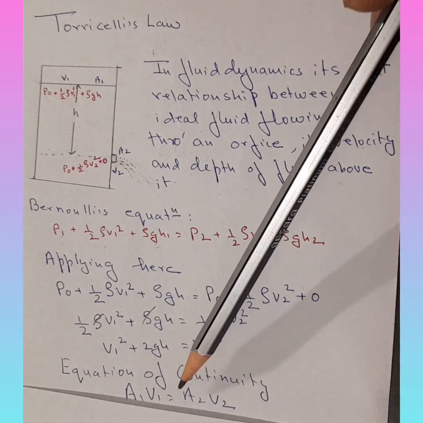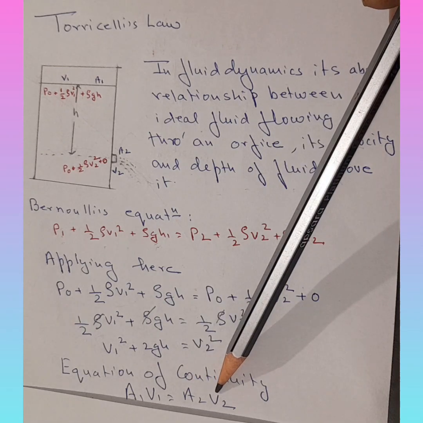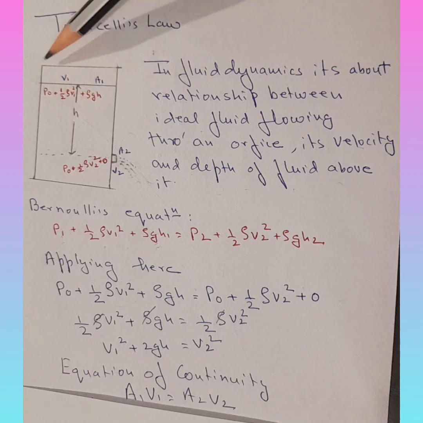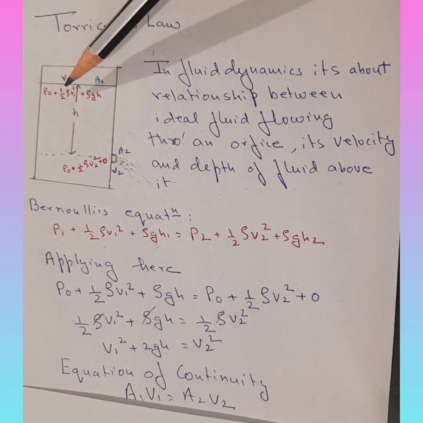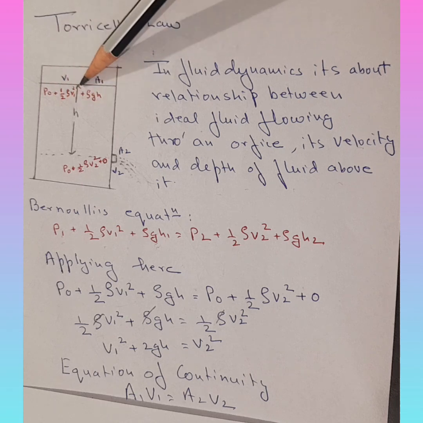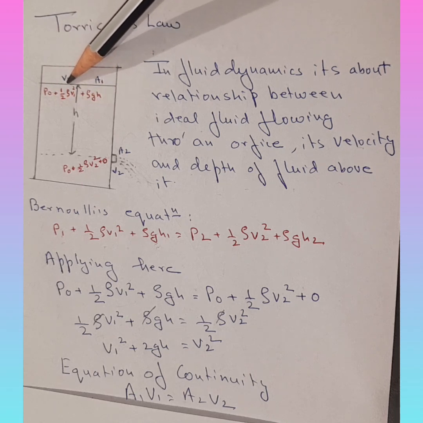So this is low, this is high. Now when we check over here, A1 is very big, so V1 has to be very low, very small. So velocity V1 is very small.